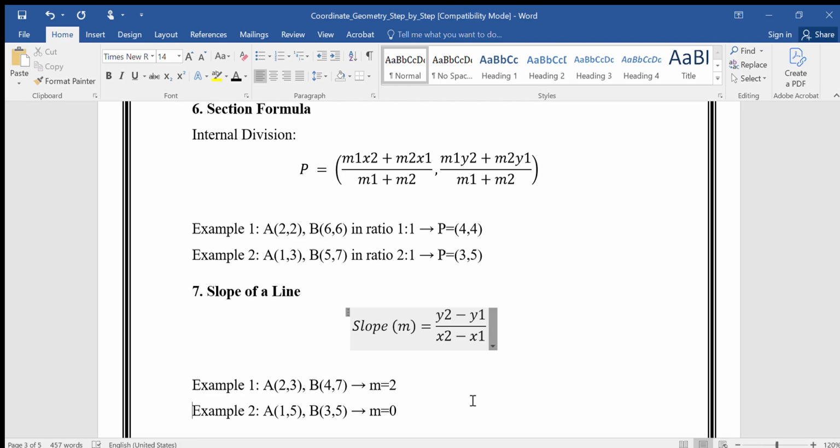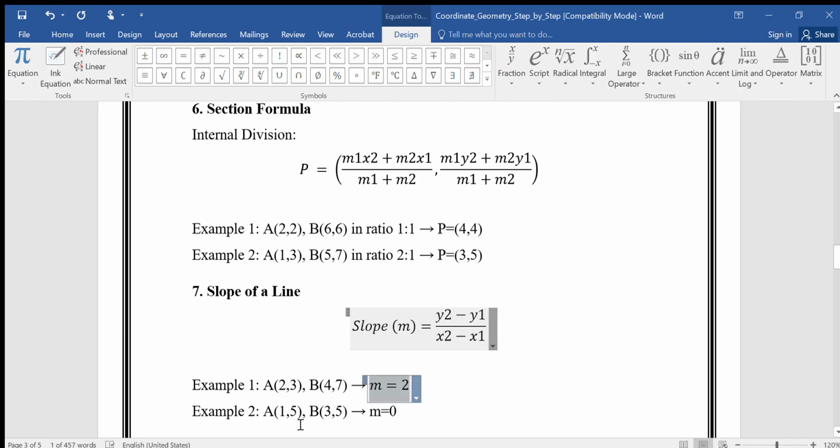Slope is equal to y2 minus y1: y2 is 7, y1 is 3, 7 minus 3 is 4. x2 is 4, x1 is 2, 4 minus 2 is 2. So 4 divided by 2. Slope is equal to 2.